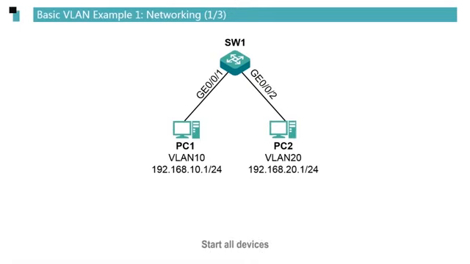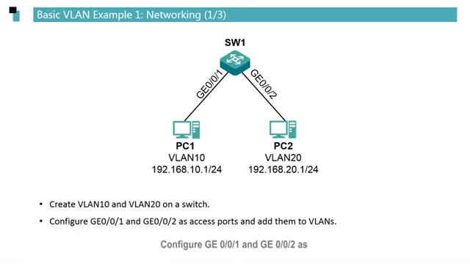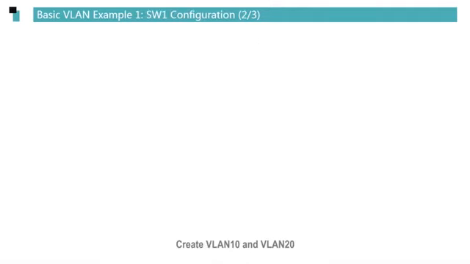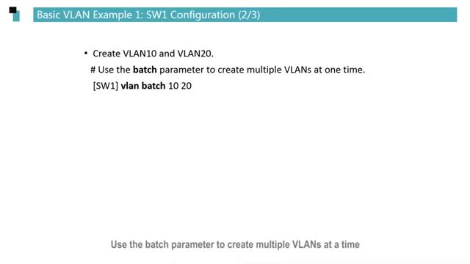Start all devices. Create VLAN 10 and VLAN 20 on the switch. Configure GE0/0/1 and GE0/0/2 as access ports and add them to VLANs. Create VLAN 10 and VLAN 20. Use the batch parameter to create multiple VLANs at a time.